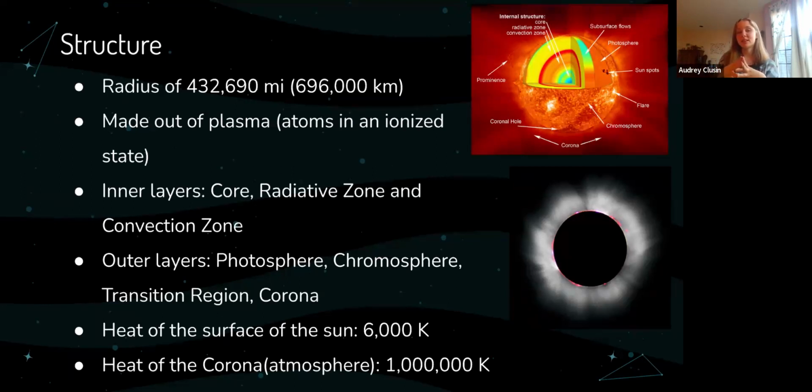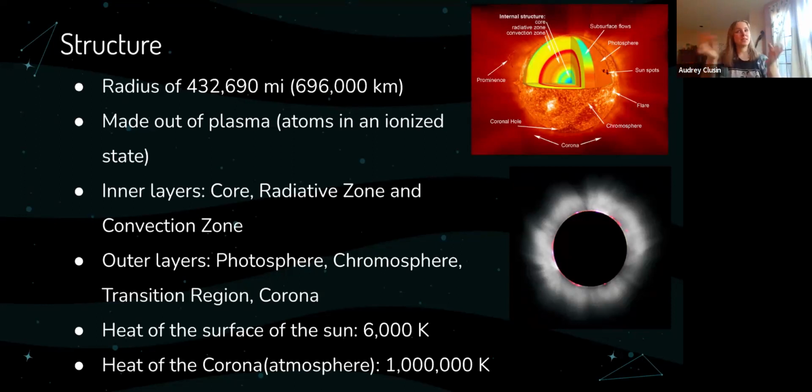And because it's really hot, and heat is also a measure of energy, because it has so much energy, the atoms in it turn into plasma, which is a little bit complicated to explain, but it basically means that atoms, you have your nucleus with protons and neutrons, and then your electrons orbiting it. You might have learned that in science class a tiny bit. If not, that's totally fine.